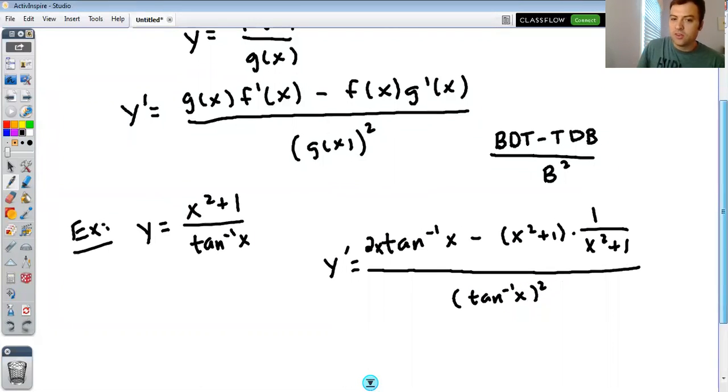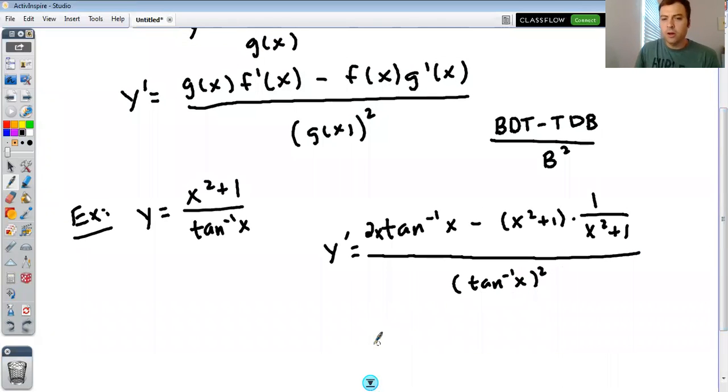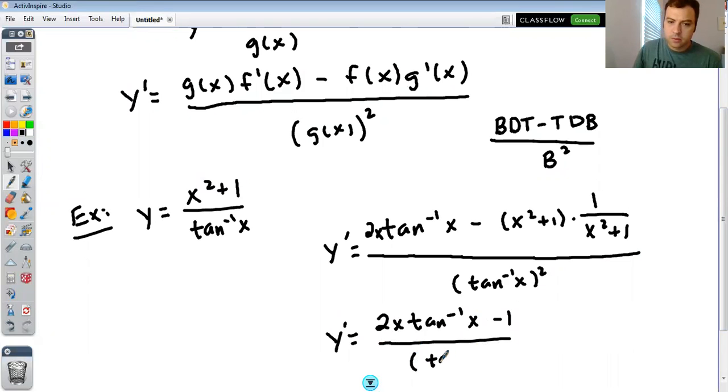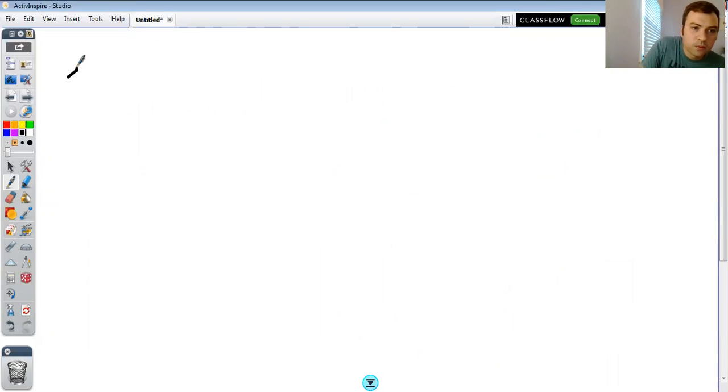And then hopefully everybody sees that we can simplify a little bit because the second part of this fraction is just equal to 1. And that's our derivative. That's a good example of the quotient rule in action. All right, moving on. Next up, we're going to have the chain rule.